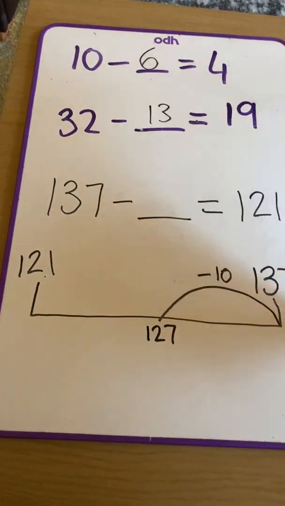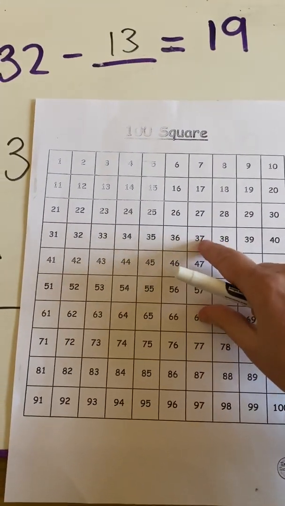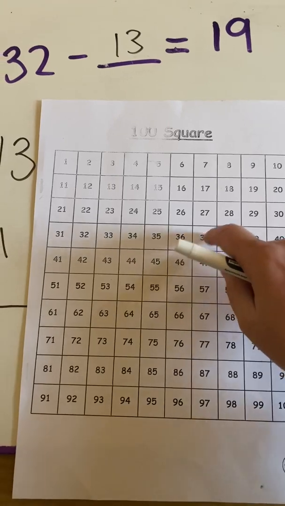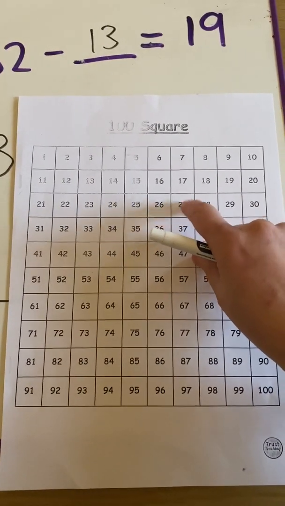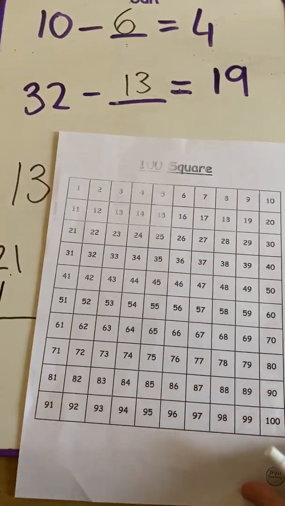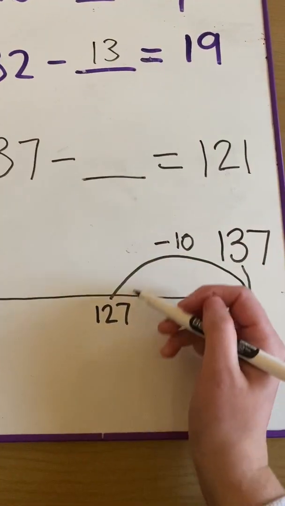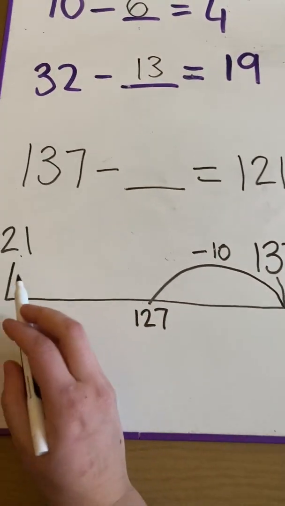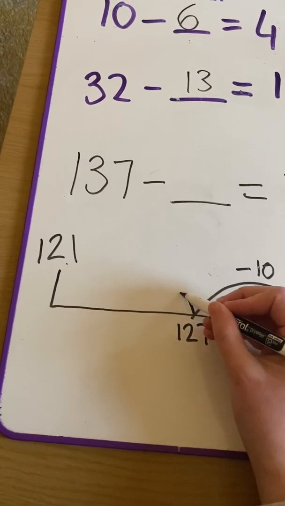So even if you're in your hundreds, remember, you can use your number line or number square to help you. Don't forget that 100. I know there's not 100 on here, but you're still using that number when you're doing your calculation. So 137 take away 10 is 127, and we just want to go back to 121.